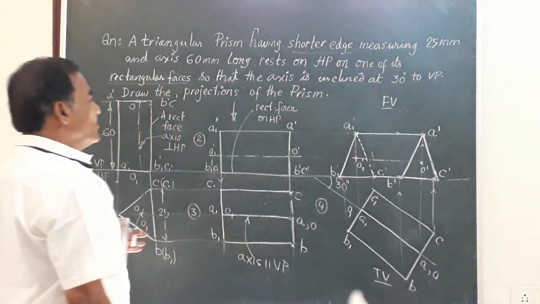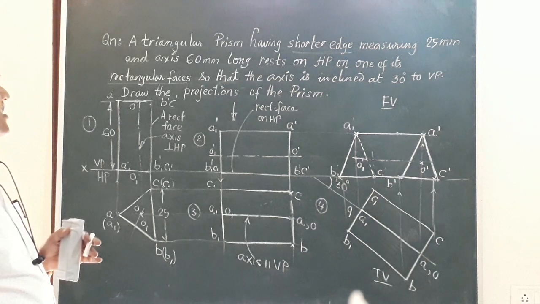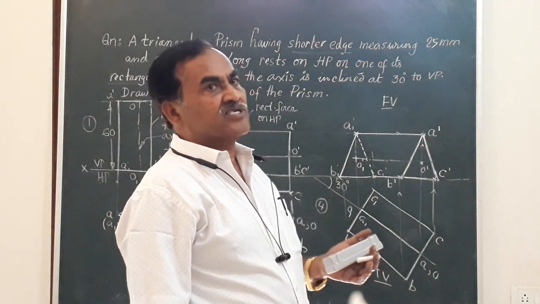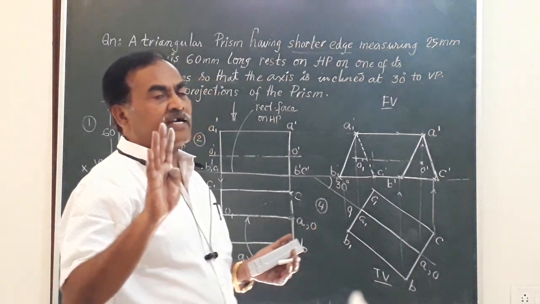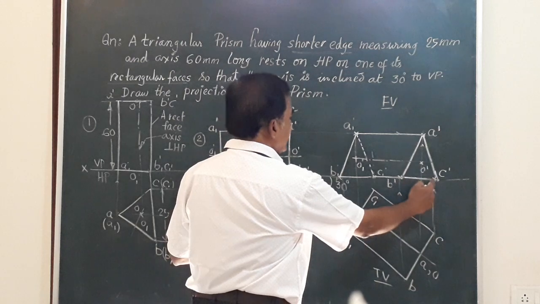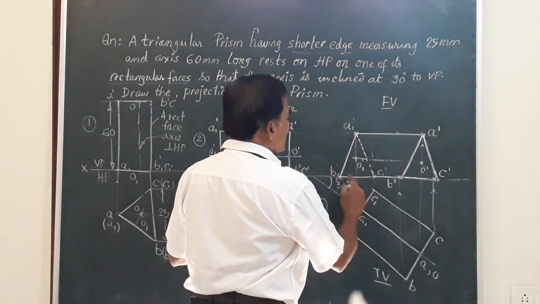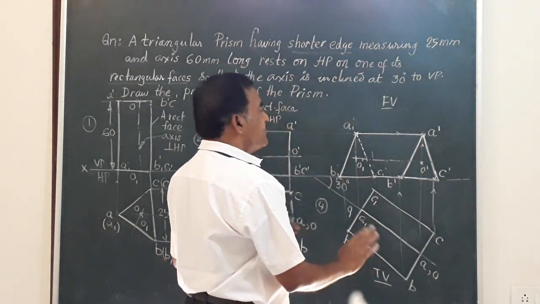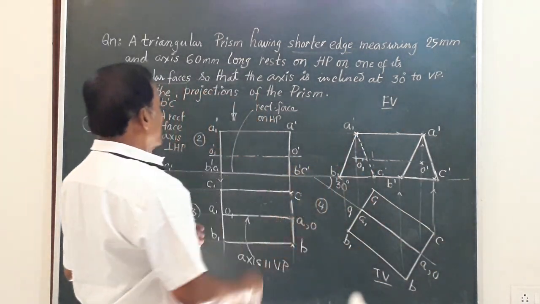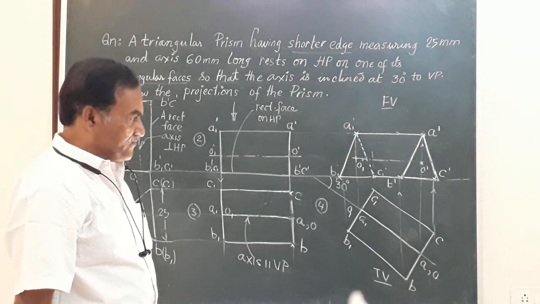And in the front view, friends, it is very clear if the object has to rest on one of the rectangular faces, there should be 4 points touching the XY line. Hence, we have got here B dash, C dash, B1 dash, C1 dash. This line represents a rectangular face which is on HP. Hence, this gives you the complete solution for the problem.